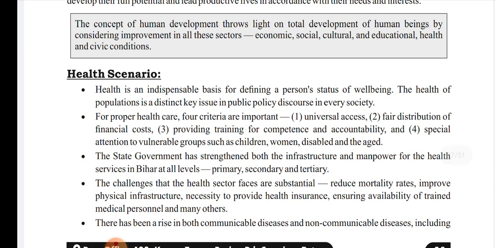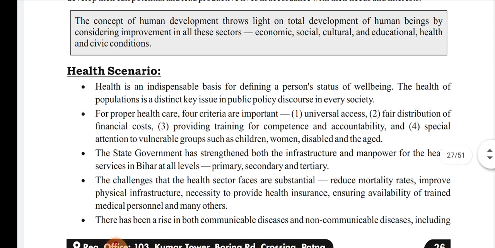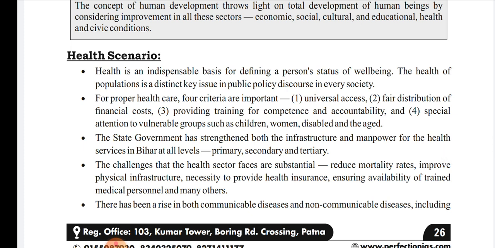Now coming back to the text on human development. First is the health scenario, and health is a very important indicator of personal well-being, and the health of the population in a district is a key issue of public policy discourse in every society. The second point says that for proper health care, four criteria are important. First is universal access.